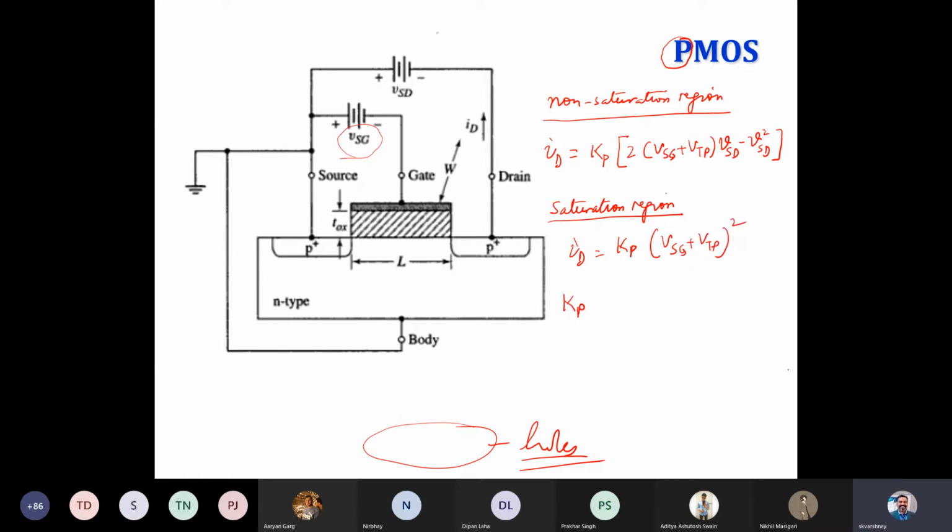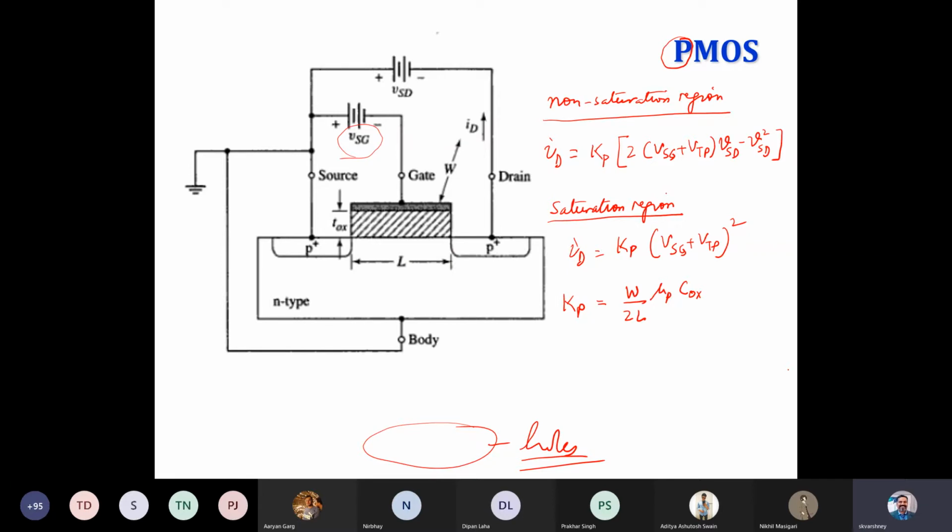In this case Kp is the conduction parameter, which, if we remember, is W by 2L, mu P and then COX, right? So COX is the gate capacitance per unit area. Mu P is the mobility of the holes, because holes are the charge carriers here in this channel region, and W by L is the width to length ratio, right?